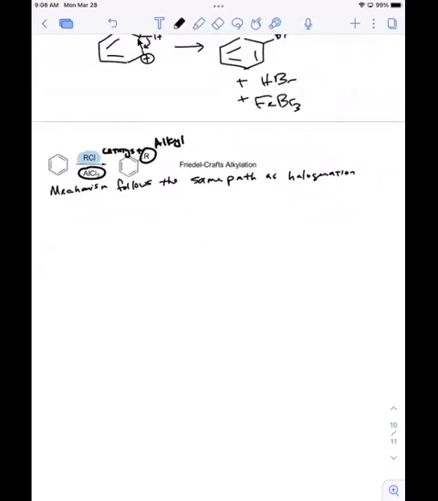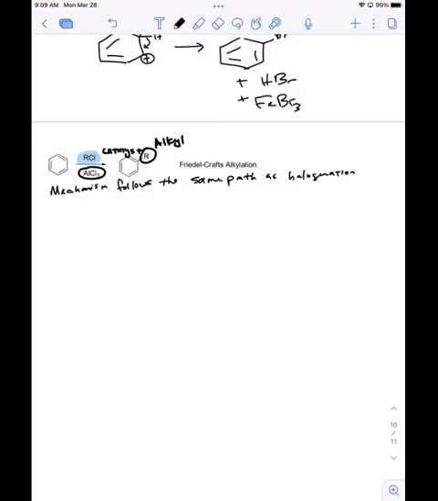What are the 3 steps in the mechanism? Preparing the electrophile, the attack of the ring on the electrophile, and reestablishing aromaticity.